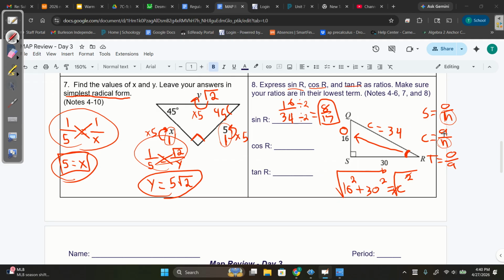Cosine is adjacent over hypotenuse. Adjacent stands for next to. So this side here is next to the angle R. So I'm going to do adjacent, which is 30, over hypotenuse, which is 34. Again, because they're both even, this fraction can be simplified by dividing by 2.